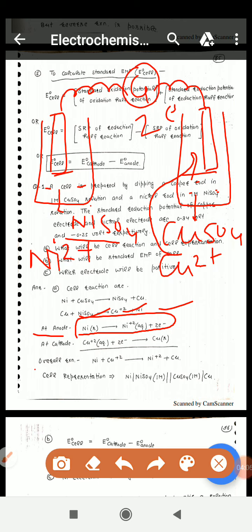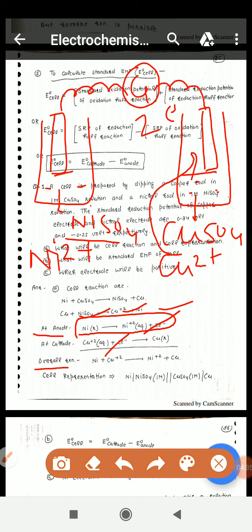If we write the overall reaction, the reactant side has nickel plus copper 2+, and the product side has nickel 2+ and then copper. The 2 electrons here and 2 electrons here cancel. One thing you should remember is that the number of electrons lost must equal the number of electrons gained for balancing the reaction.